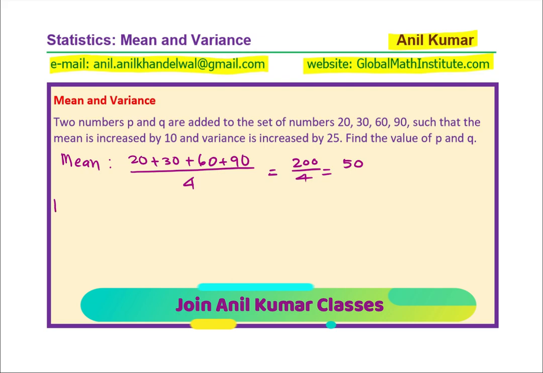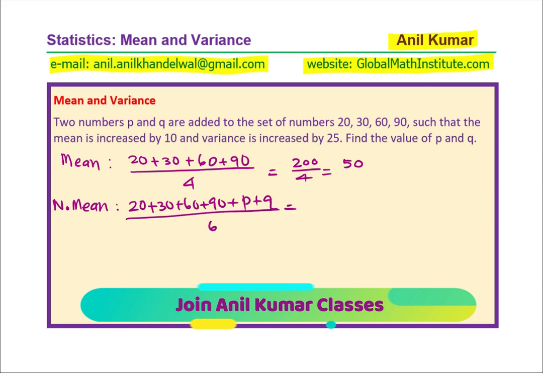So that is the original mean. And what is the new mean? Let's write new mean. When we add to this set P and Q, it is 20 plus 30 plus 60 plus 90 plus P and Q, and we divide by 6 now.